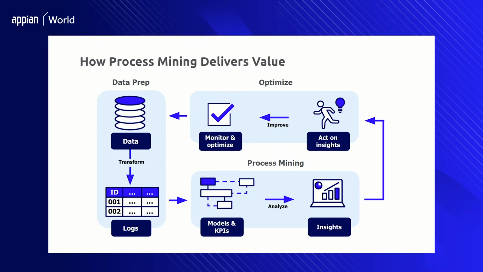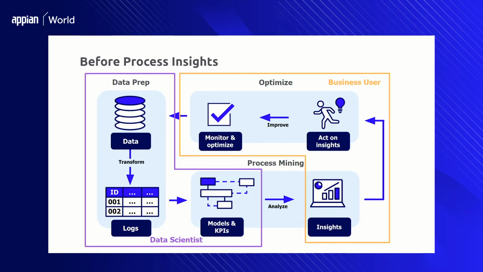Well, one of the biggest challenges that we've seen with this model as it currently works in the market is there are different personas with different knowledge sets doing different portions of the process. This introduces a lot of friction. Oftentimes you need a data scientist persona to be able to get the data in the right shape, to unify data across your enterprise, to get that into the right shapes for mining, and to do the analysis, to get to the right KPIs, the right measures.